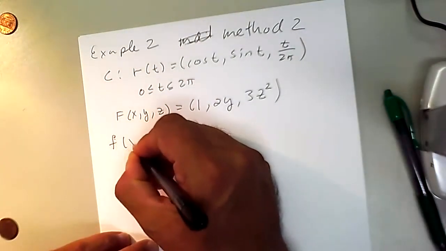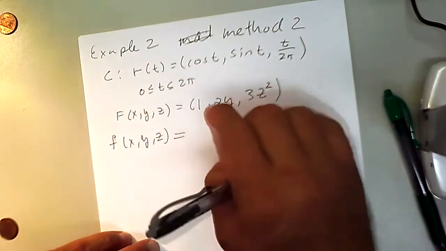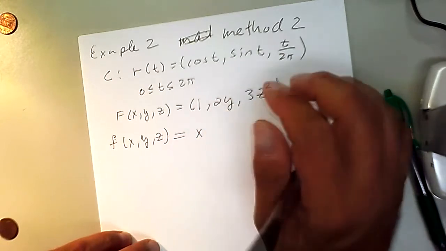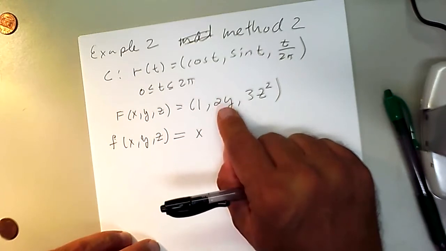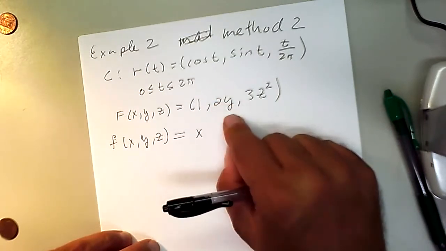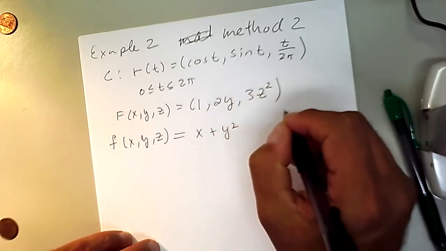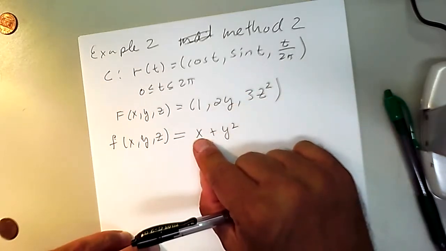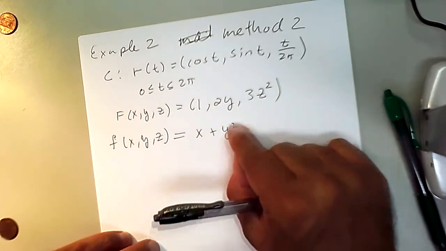So, antiderivative of 1 with respect to x. That's it. Antiderivative of 2y with respect to y, well, that would be 2y squared over 2. So the 2 simplifies, so we have a y squared. If the y squared was already on the first term, then I don't have to redo it. 1 is enough.